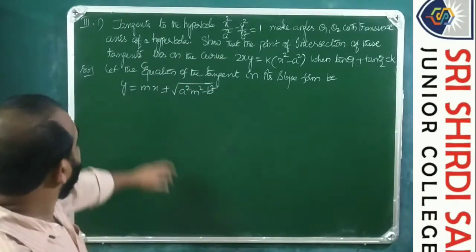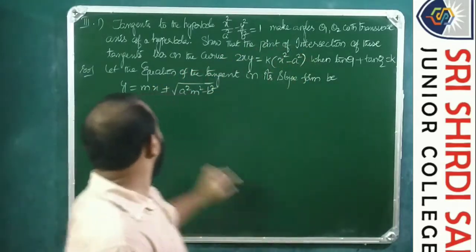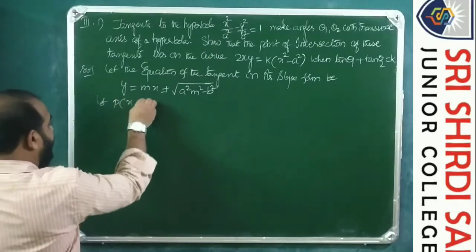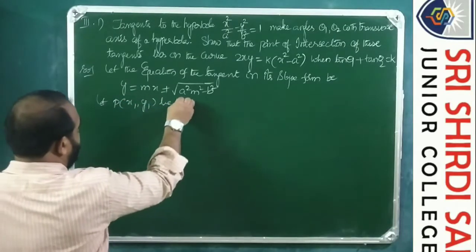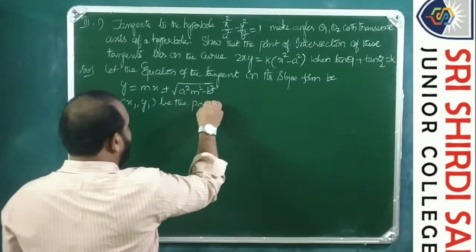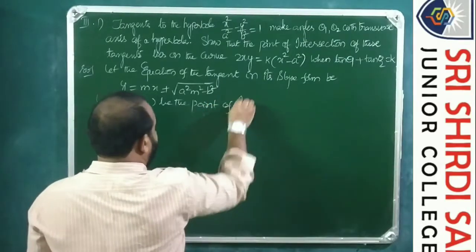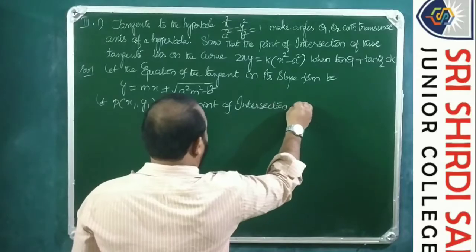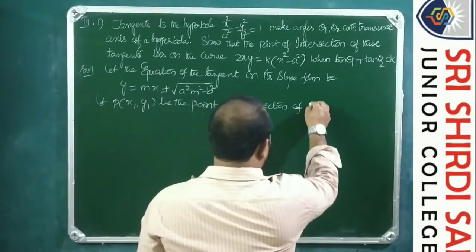Show that the point of intersection of these tangents... let P(x1, y1) be the point of intersection of these tangents.